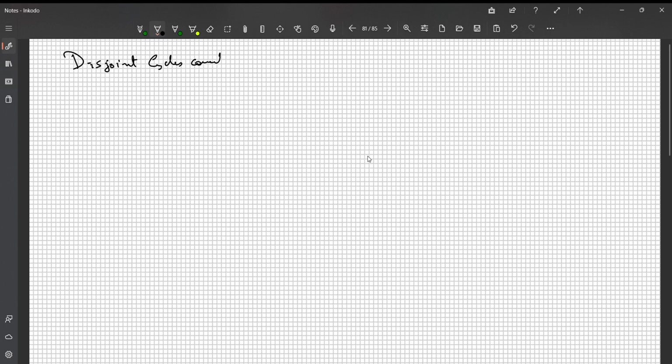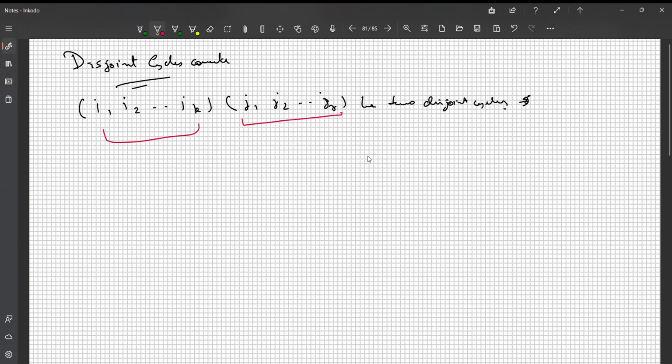Now it is also pretty evident that if you have two disjoint cycles, sigma and sigma dash, then they will commute. Disjoint cycles commute. What is the reason behind that? Suppose you have two disjoint cycles, say (i1 i2 ... ik) is one cycle and (j1 j2 ... jr) is the other.